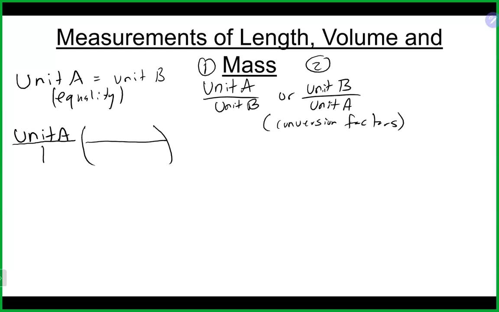And the place where unit A is in the opposite location is right there. It's on the bottom. Over here, it's up on top. So I would want to use the conversion factor over here, with unit B up on top and unit A on the bottom.